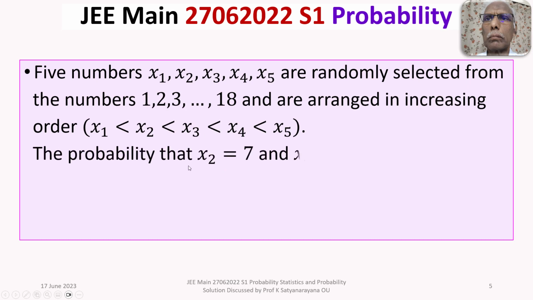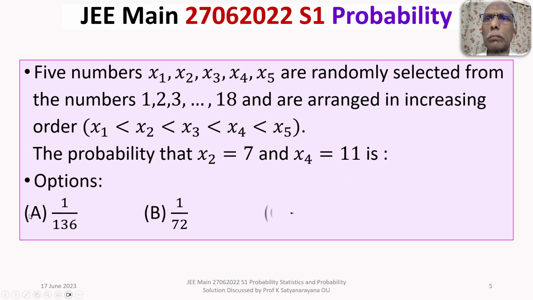The probability that x2 is equal to 7 and x4 is equal to 11 is, we are given 4 options. Option A, 1 by 136. Option B, 1 by 72. Option C, 1 by 68. Option D, 1 by 34.